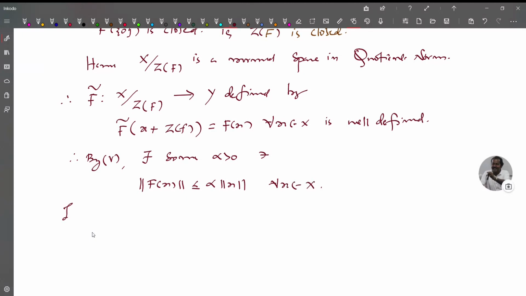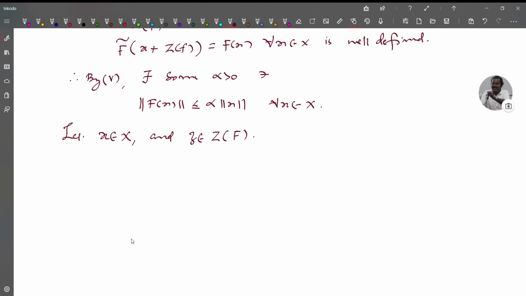Now let x belong to X and z belong to the zero space of f. Then norm of f tilde of x plus the zero space of f is equal to norm of f tilde of x plus z plus the zero space of f, because z belongs to the zero space of f.